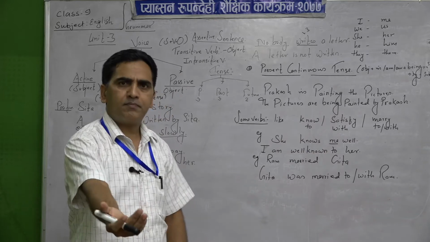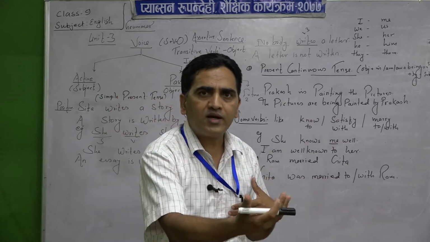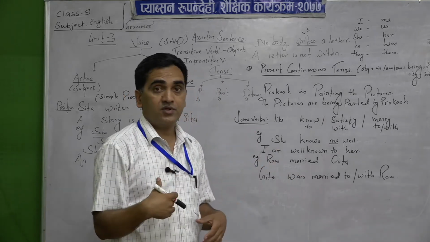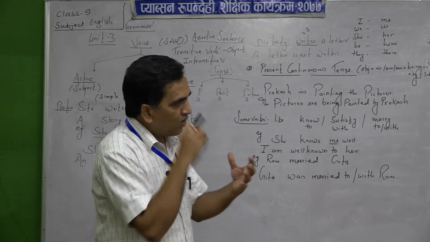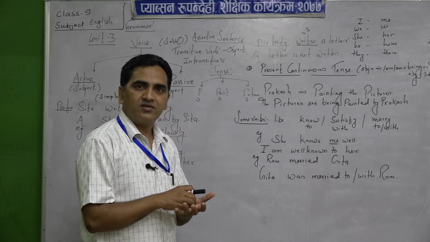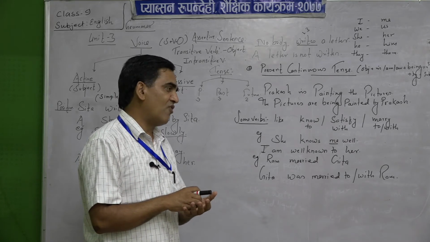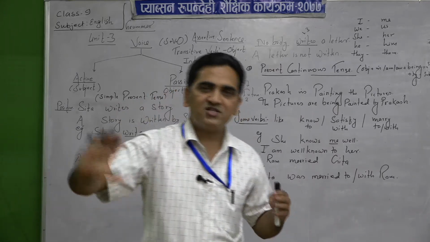From passive to active also we have to change. Active to passive we are learning now, and finally we have to change from passive to active. Sometimes we are asked to change in the exam. It is the most important grammatical unit in our book, the passive form. In different writings we find active sentences and passive sentences.